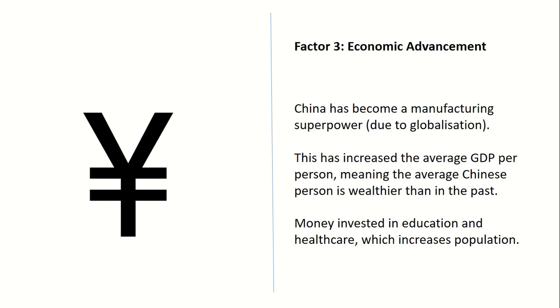So the more money people have in China, the more taxes are raised, etc., which enables China as a country to grow economically. But also, there's a theory that the wealthier you are, the more likely you are to have children. Because if you're in China and you're earning £500 a year, you might not be able to have a family of 3 or 4.